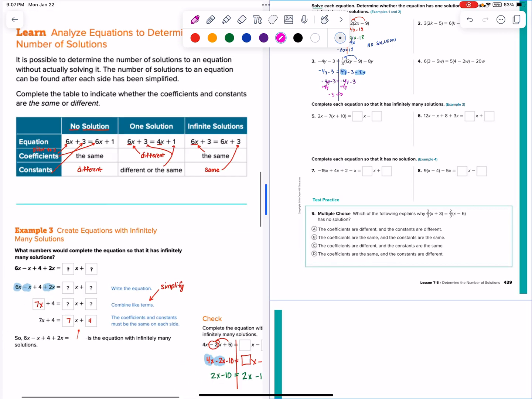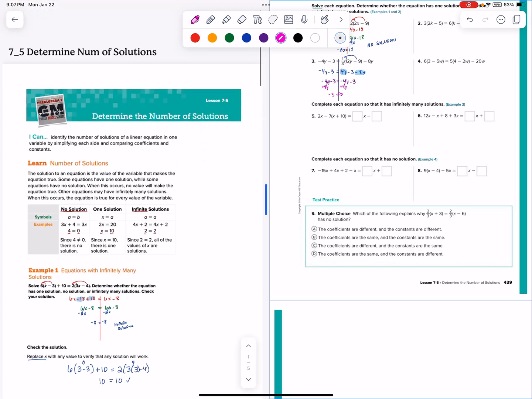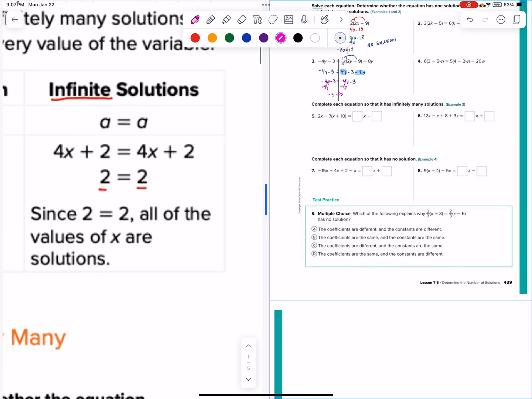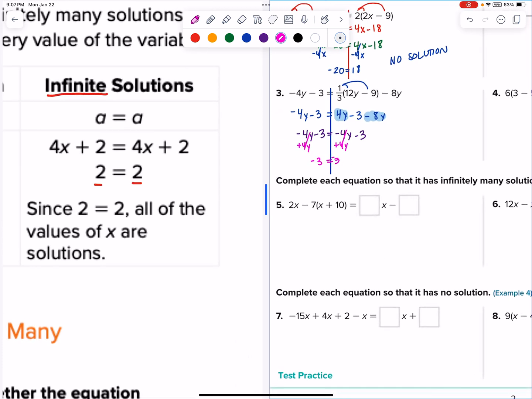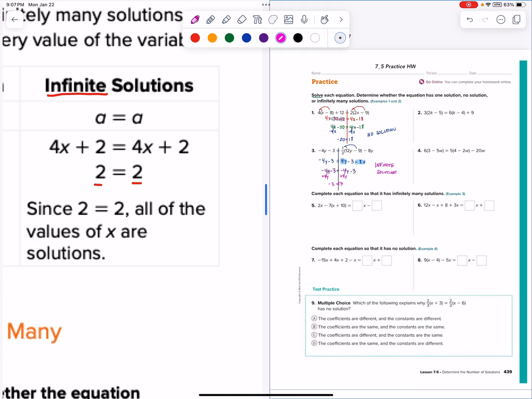So when you have a negative 3 equals a negative 3, a number equals a number, that means an infinite number of solutions. So infinite solutions.